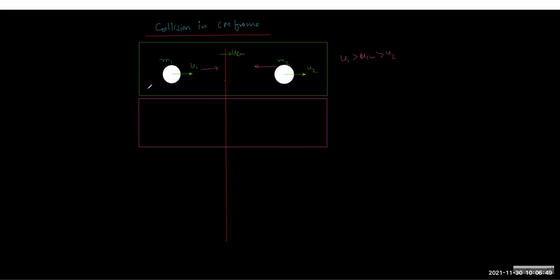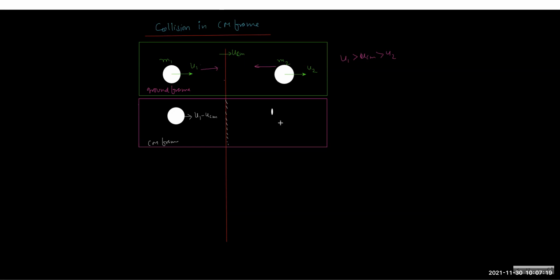So this is the ground frame. So in the CM frame, the first particle will move towards the center of mass, the wall. The wall will be like a fixed object. So in this case, the wall is not moving. This is fixed. And then one will appear to be moving towards the wall with speed u1 minus UCM.